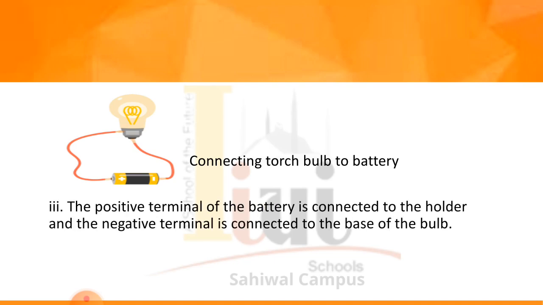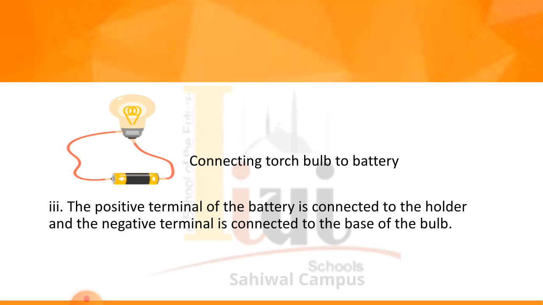The third point is that the positive terminal of a battery is connected to the holder and the negative terminal is connected to the base terminal of the bulb, as in circuit C on page number 135. So the positive terminal is connected to the holder and the negative terminal to the bulb.